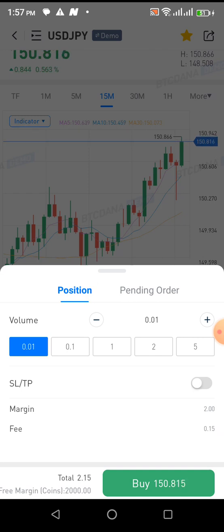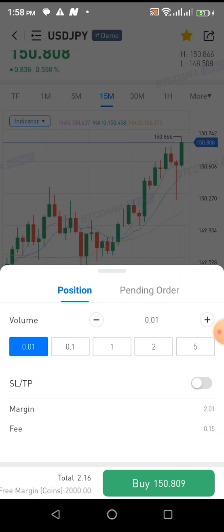The volume here is also called lot size. 0.01 is the minimum, the lowest. Then it moves to 0.02, 0.03, 0.04, up through 0.10, 0.15, 0.20, and so on up to 0.99.